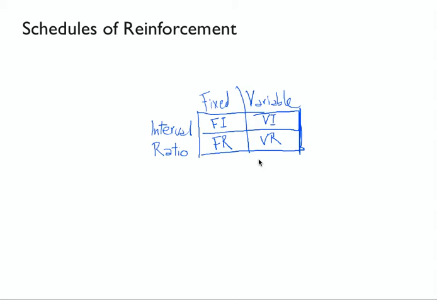But you don't know how many responses you have to make. It may be that the next pull of the one-armed bandit is going to give you the money. Or it may take you 5 or 10 or 15 or 100. You don't know. But on average, there's a number of responses that will give you a particular payoff.